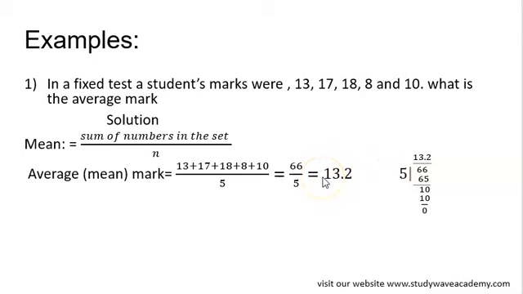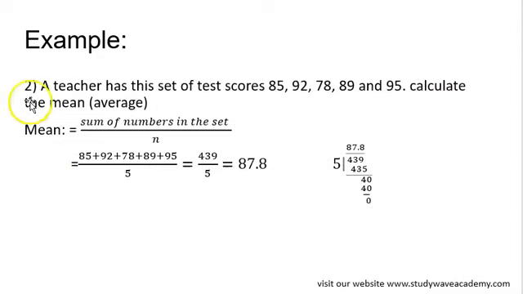Okay, good. Now we have our next example. A teacher has this set of test scores: 85, 92, 78, 89, and 95. Calculate the mean. Remember, mean is also the average.